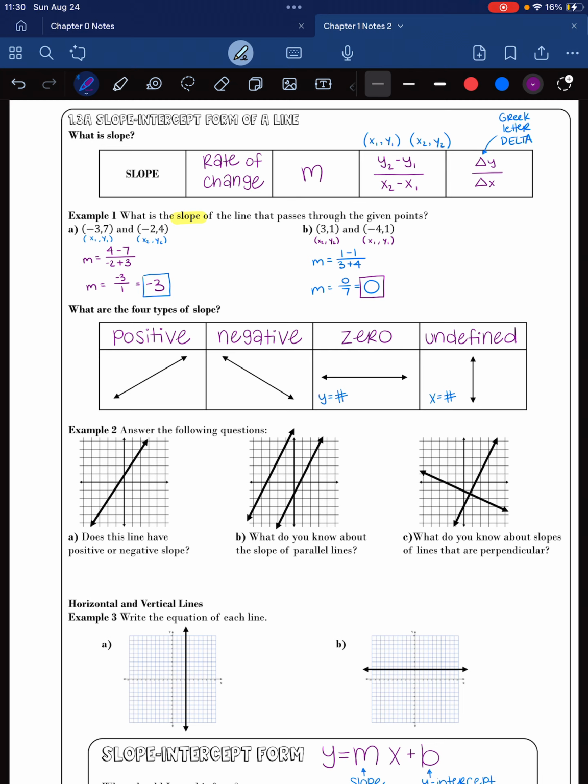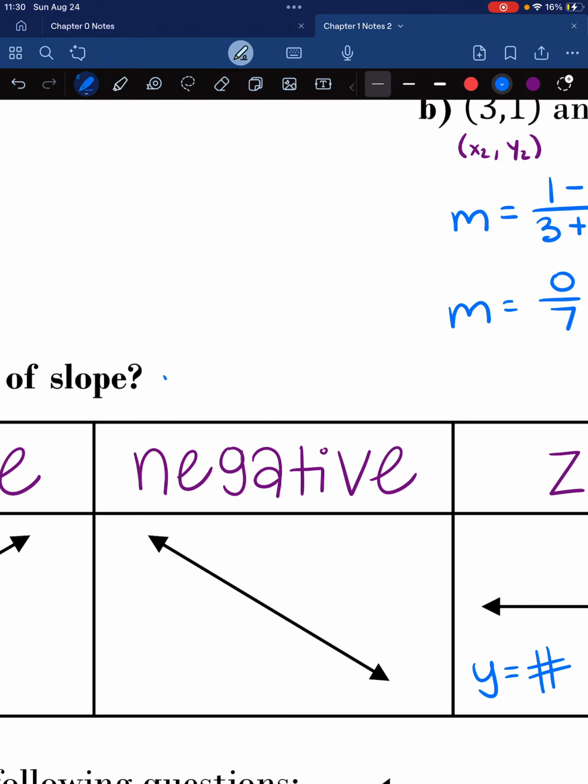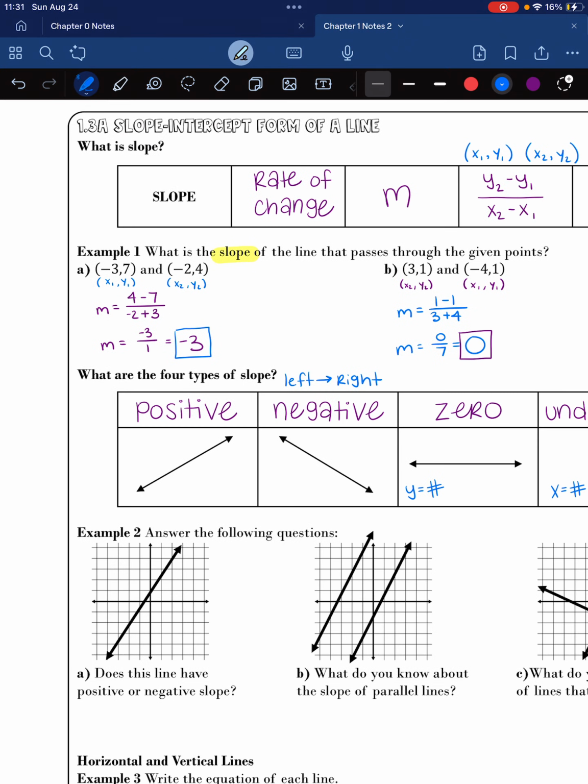We can describe slope as being positive. And remember that we always read from left to right, right? So we always read things from left to right. And so that's why we always read slope as going up, because I do know that this left side of the graph is technically going down forever, right?